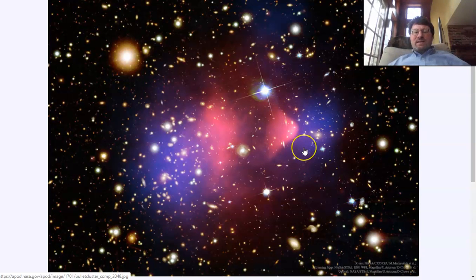The reason is that as these clusters of galaxies passed through one another, the gas clouds between them would strike up against one another and get heated and slow down from the collision. But it looks to be the case that the matter of the clusters just moved right along, passing through one another. A hint that maybe dark matter helps explain this.